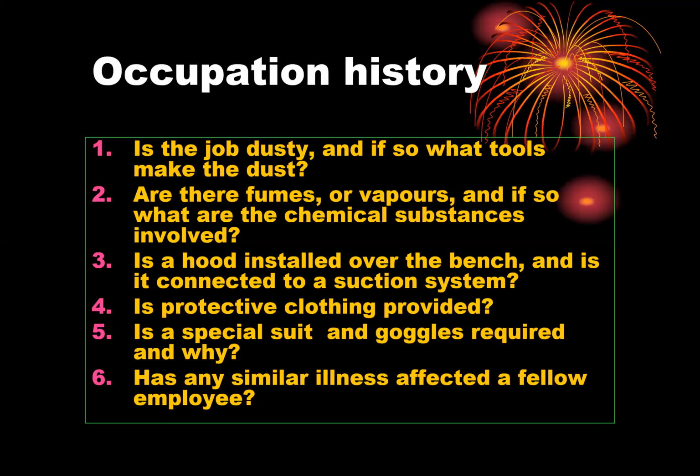If the answer is yes, why do they use these suits and goggles? This means that they deal with dangerous substances. And if other fellow workers in the same environment and with the same job have the same illness, this means that there is an impact of the job on the illness of the patient.